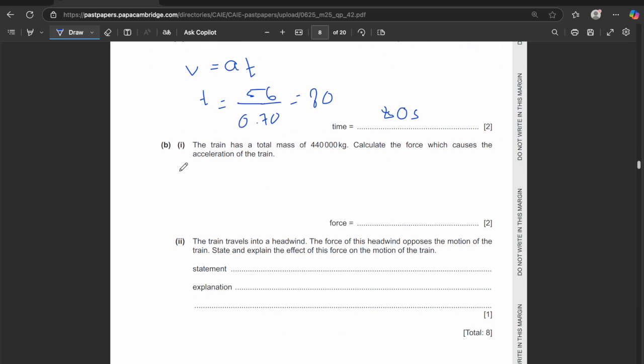The train has a total mass of 440,000 kilograms. Calculate the force which causes the acceleration of the train. So force, acceleration, mass, you have this equation, F is equal to ma, and mass is 4.4 into 10 power 5 into acceleration 0.7, which is 308,000.